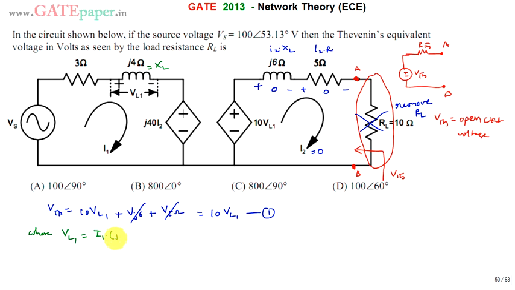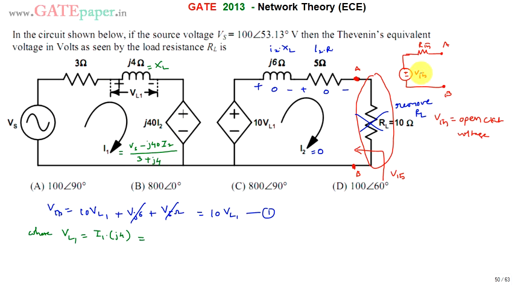The inductive reactance is given as j4 ohms, which you can think of as XL. So VL1 is I1 into j4. To calculate I1, write the KVL for this loop. I1 is the total voltage Vs minus j40 I2, divided by 3 plus j4. The voltage difference divided by the entire impedance gives the current.